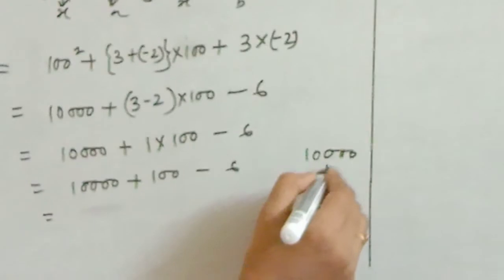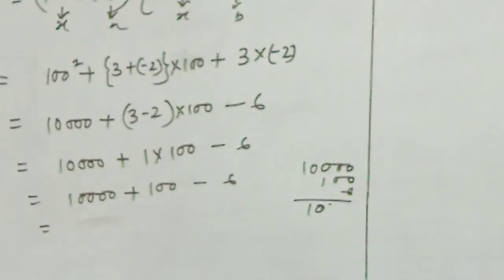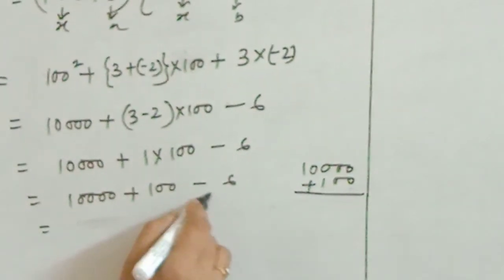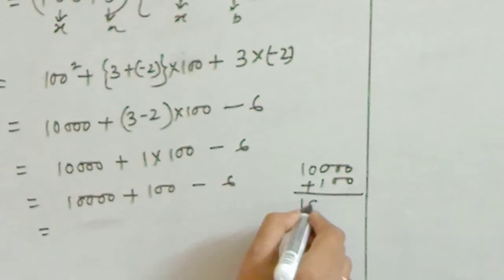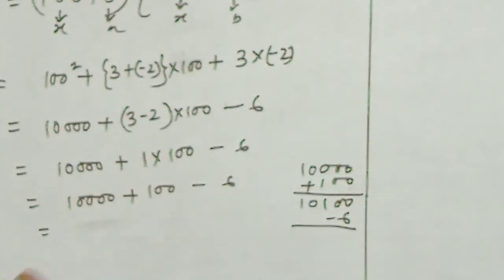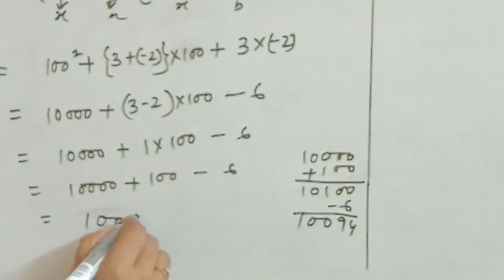Then minus 6. Subtract it and you will get 10094.